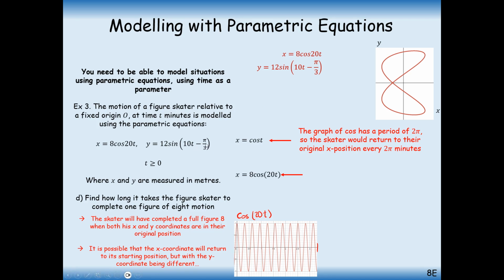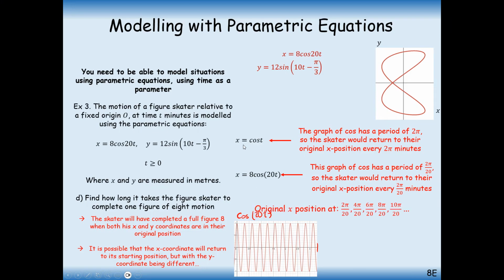So we need to basically find the lowest common multiple of both of these curves. The graph for cos will complete its whole period in 2 pi over 20, because the coefficient of 20 there means 2 pi is divided by 20, and there would be one whole period completed in pi over 10.